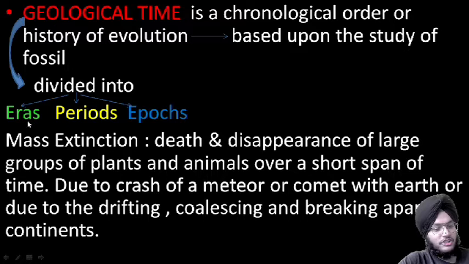We will see that in the geological time, various mass extinctions have happened. Now, what is mass extinction? It is the death and disappearance of a large group of plants and animals over a short span of time. It could be due to the crash of a meteor or comet with Earth, or due to the drifting, coalescing and breaking apart of continents.